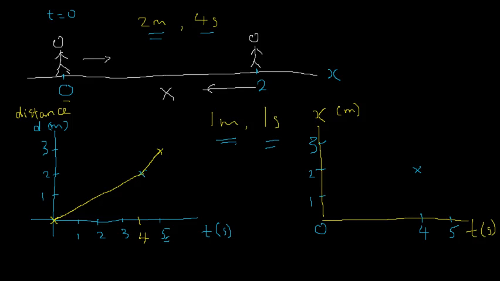I was confused with the 4 seconds. And after another second, he's back here, which is at x equals 1 meter. So that's correct. That's the actual position of x. So at the 5th second, he would be here.